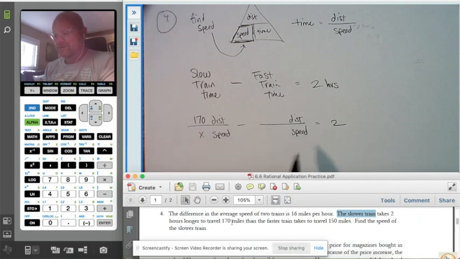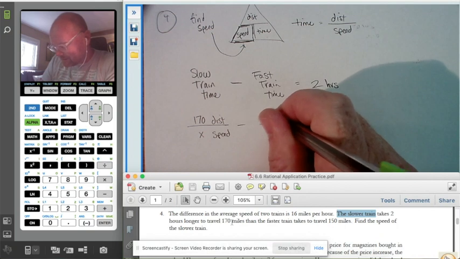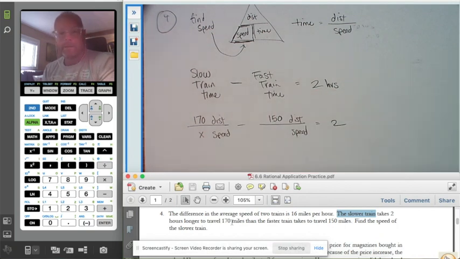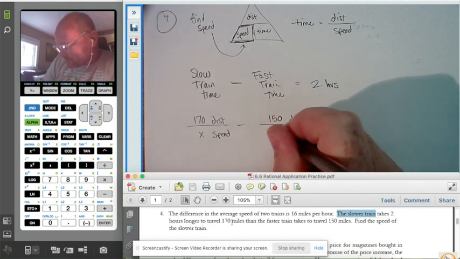It takes 2 hours longer for the slow train to go 170 miles than it takes the faster train to travel 150 miles. And what's our expression for how fast the second train is going? The fast train is going 16 miles an hour faster. So how about I write x plus 16?